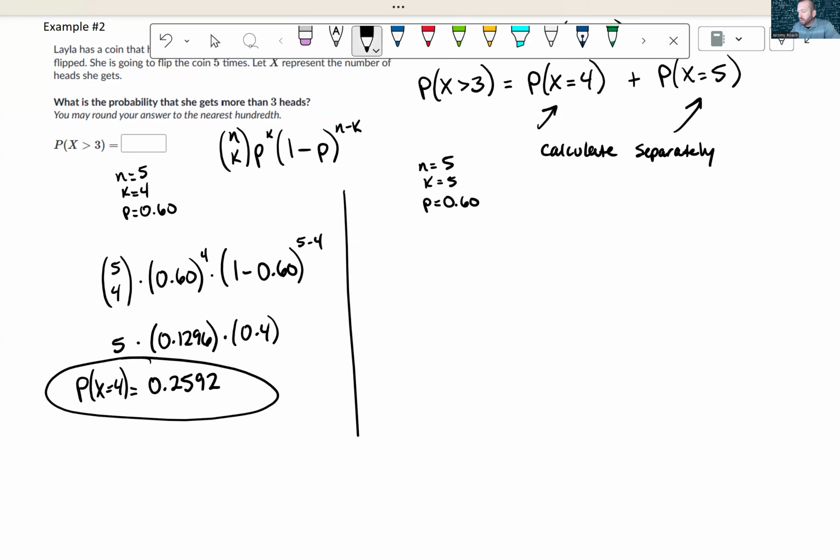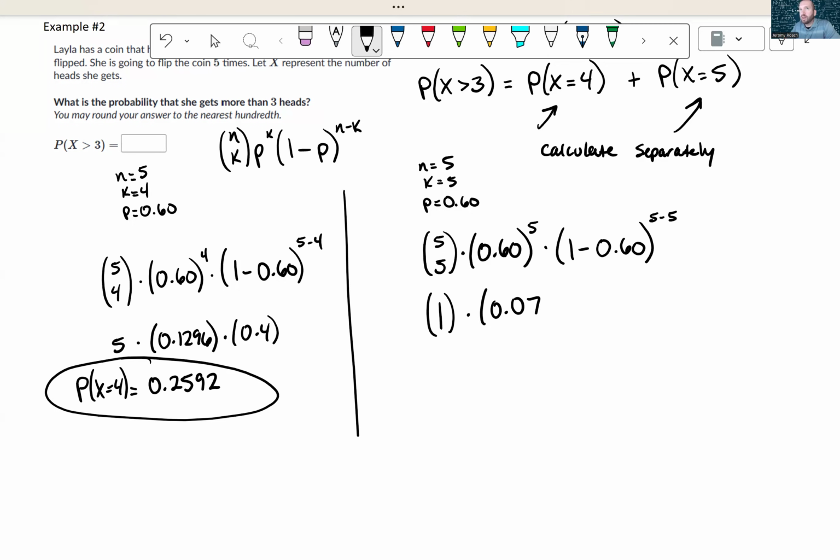Okay, so now we're going to do the second formula. 5 choose 5 times 0.60 to the power of k. Now k is 5, times 1 minus 0.60 to the 5 minus 5. 5 choose 5 is just 1. And 0.6 to the power 5 is 0.07776.